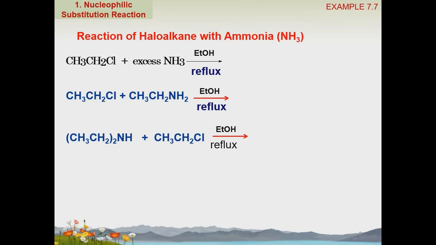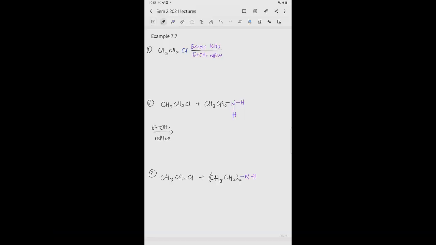There are actually three stages, where in the first part we use excess NH3, ammonia, and then the product from this is used further in the second stage to produce a secondary amine, and then that product is again used in the third stage when we have limited ammonia. Okay, let's see example 7.7.